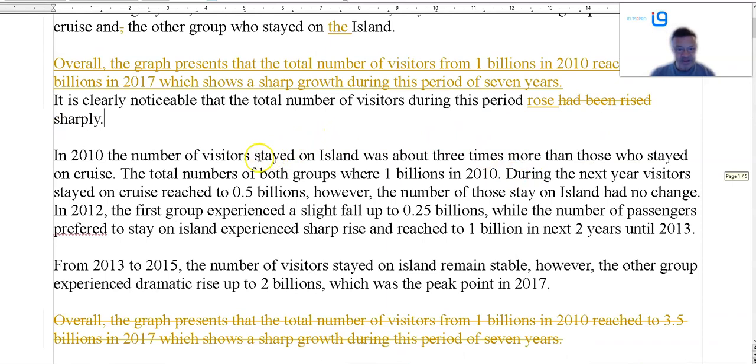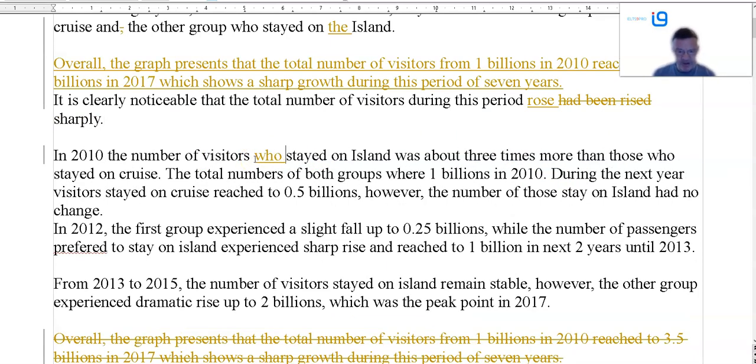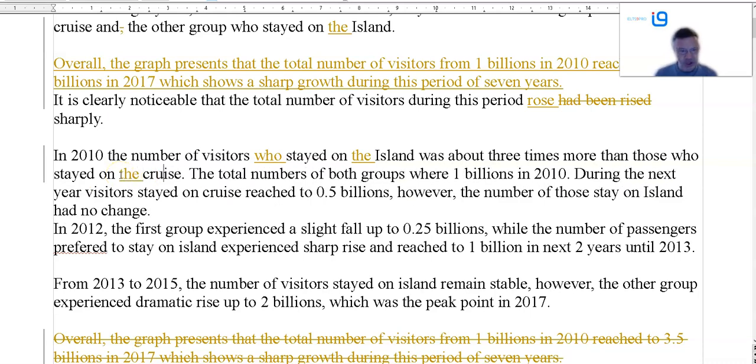The number of visitors stayed. Don't forget your relative pronouns. Who stayed on the island were, or was, because visitors is a group, was about 3 times more than those who stayed on the cruise ship. But what's the figures though?